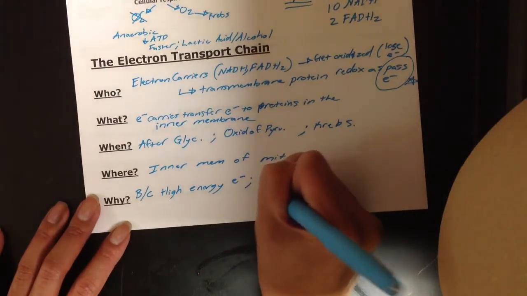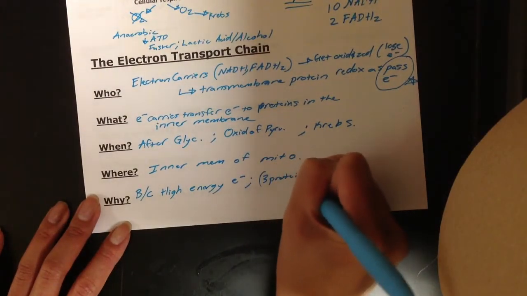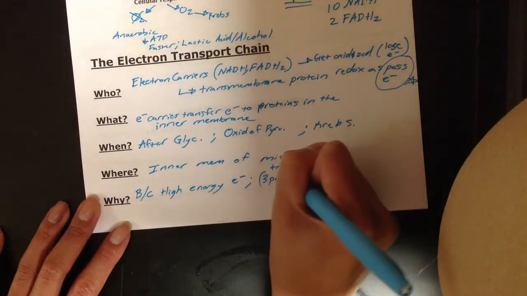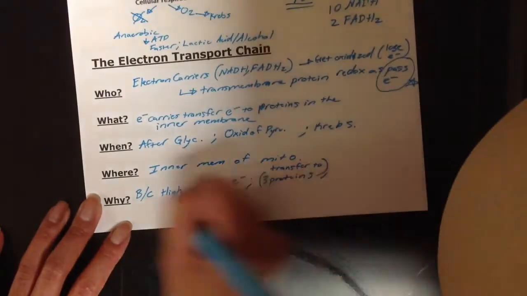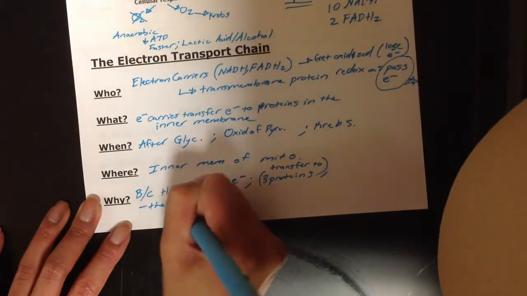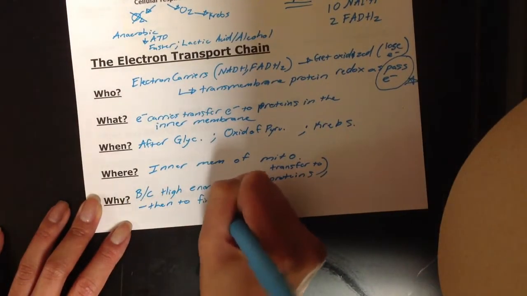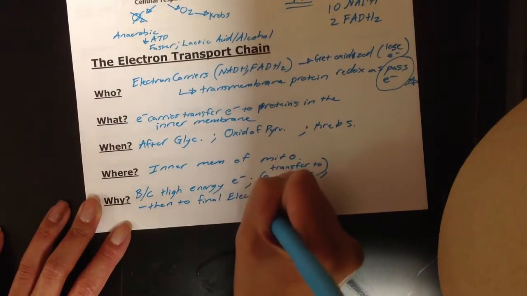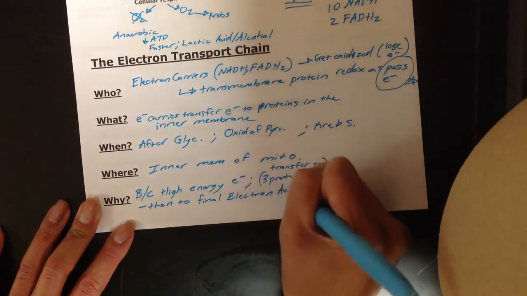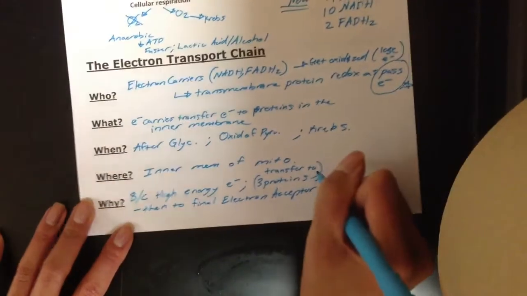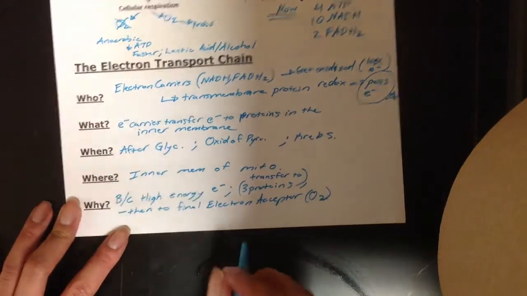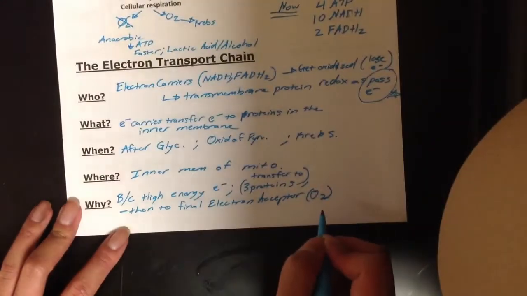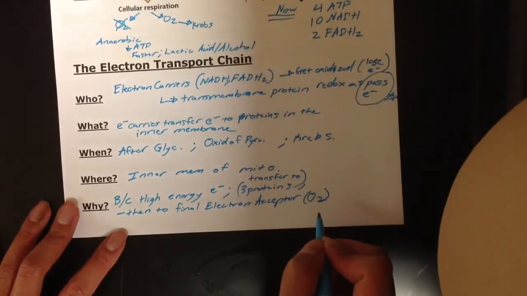There's actually 3 proteins that they're transferred to, and then to a final electron acceptor. In this process, our final electron acceptor is going to be O2, oxygen. And just keep in mind that oxygen is highly electronegative, okay?